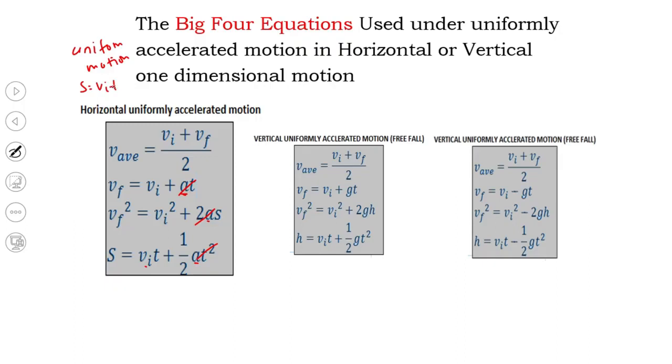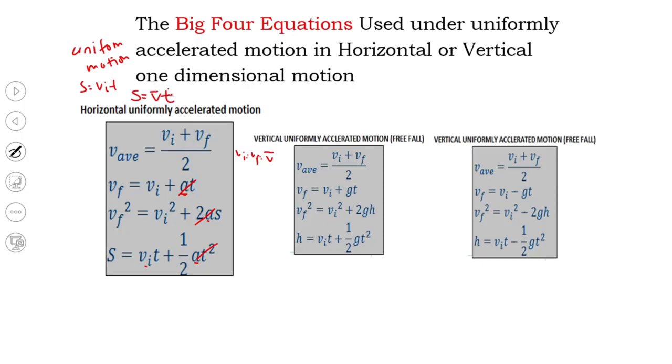But the initial and final velocities are equal if it is a uniform motion. For a uniform motion, the velocity remains constant, and the average velocity is the same as the initial and the same as the final. Therefore, instead of using initial or final velocity, it's possible to use average velocity. So displacement s is equal to average velocity times t. It's possible to use this one for a uniform motion.